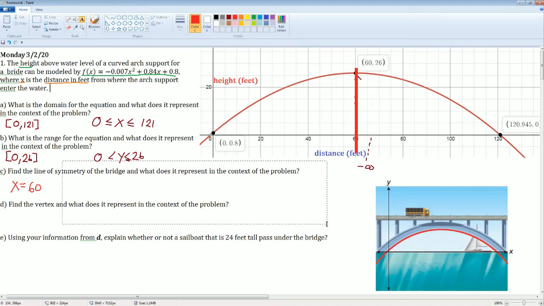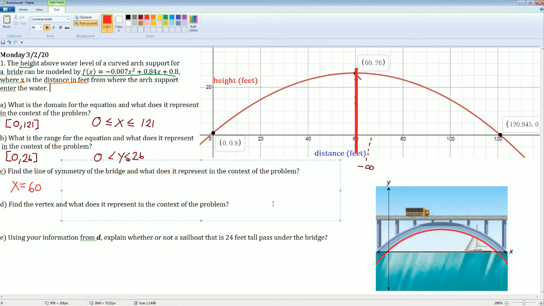All we have to do is write what x is, which is your distance, in feet, where the height is the largest.